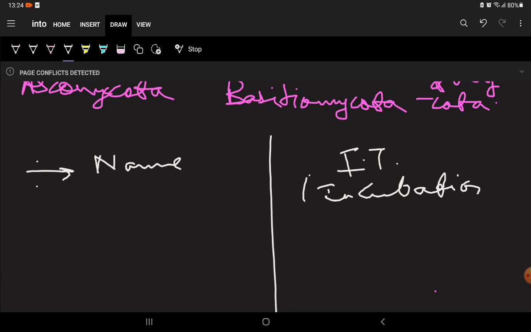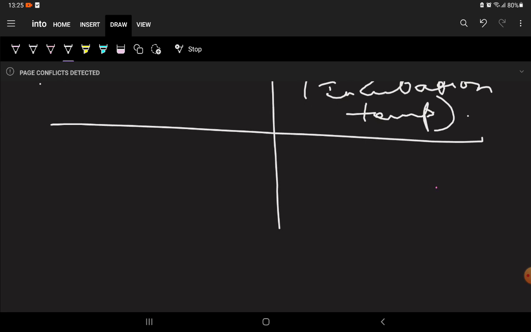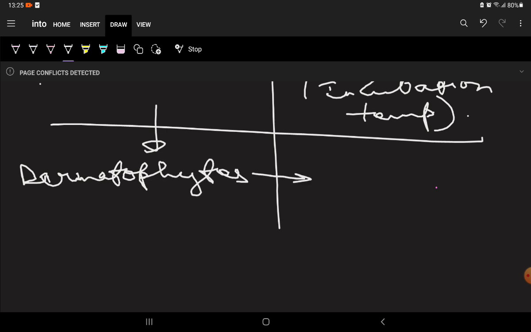The first group is dermatophytes. In dermatophytes the incubation temperature is 25 degrees Celsius.